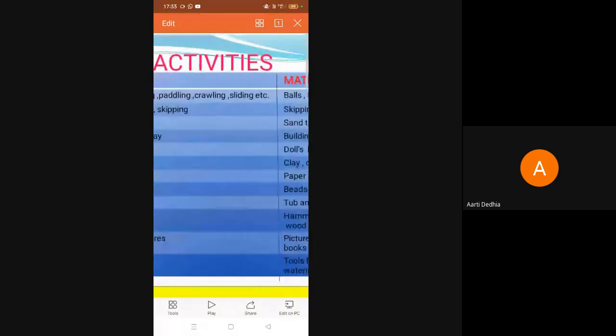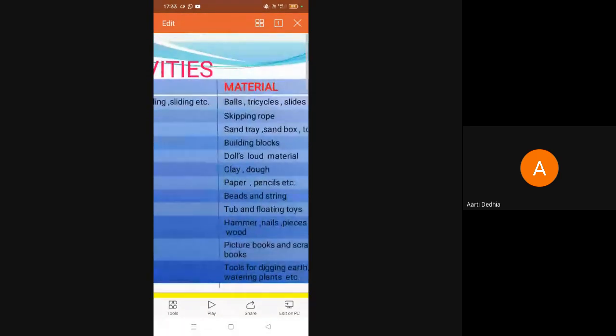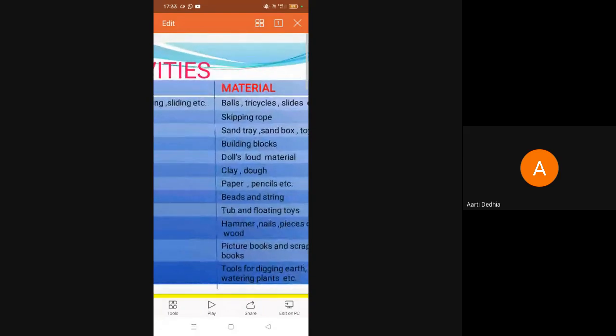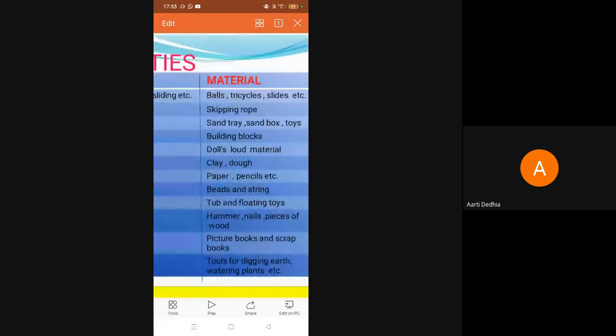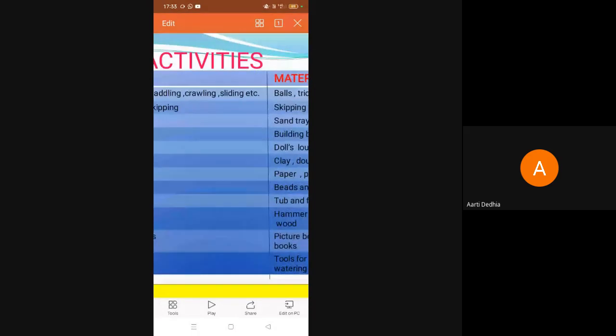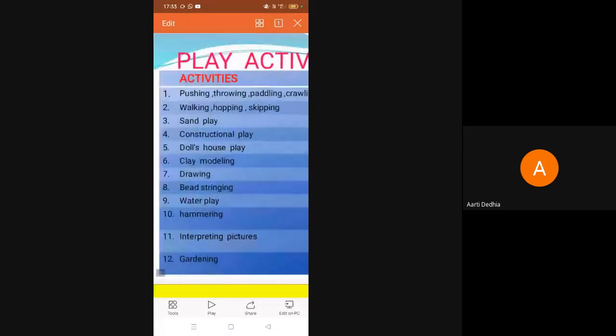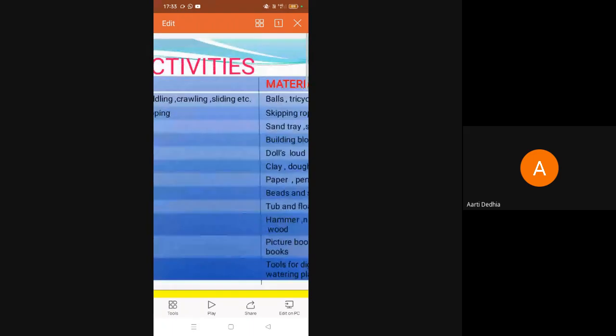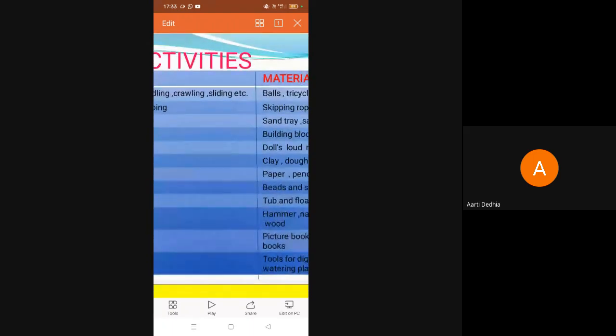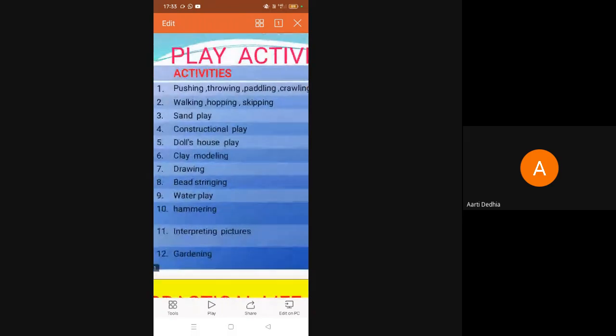This is the activity, and the required material is ball, tricycles, slides. So in the first column, there are different types of activities, and the second column belongs to the required materials. Okay.